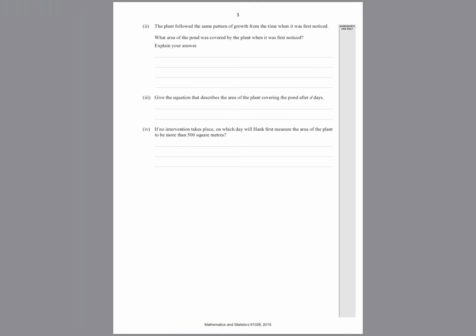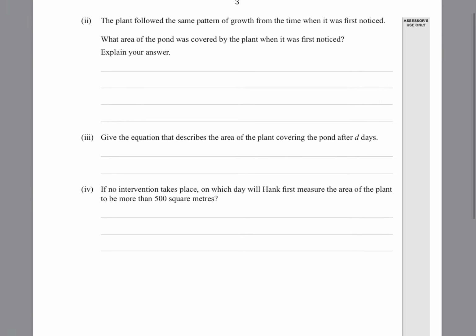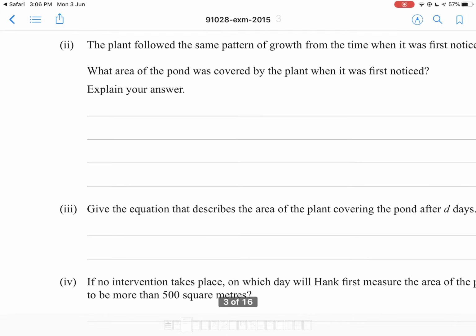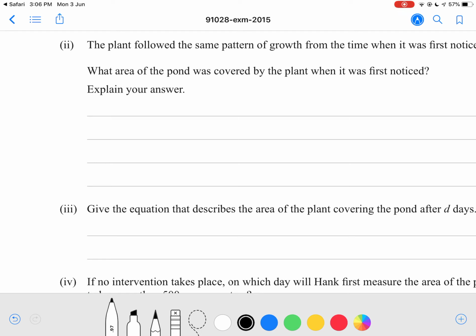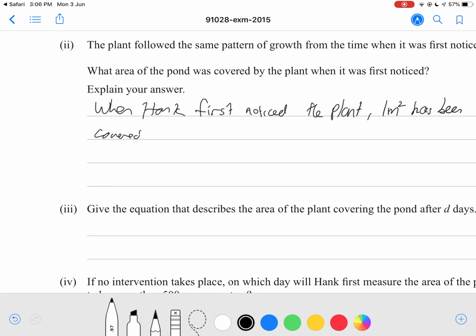okay. So simply we're gonna say when Hank first noticed the plant, 1 meter squared has been covered.